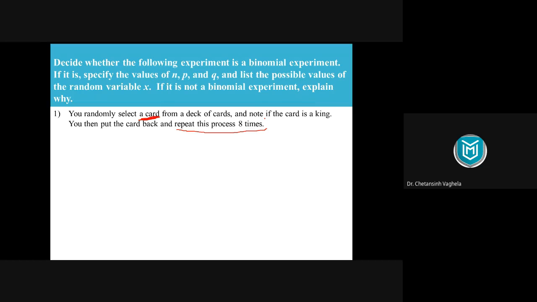Can you decide whether the situation is binomial or not? Is this particular experiment a binomial experiment or not? Can you identify this? Do you understand what I said about binomial, how we can call an experiment binomial? Tell me. Are you attending the session properly?